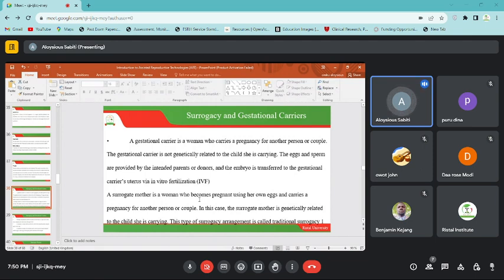So what happens is that when this IVF is done, instead of transferring this particular collection into another woman's uterus, it is transferred into the carrier's uterus.